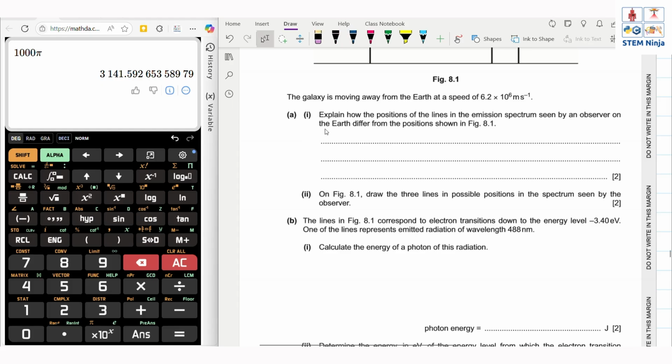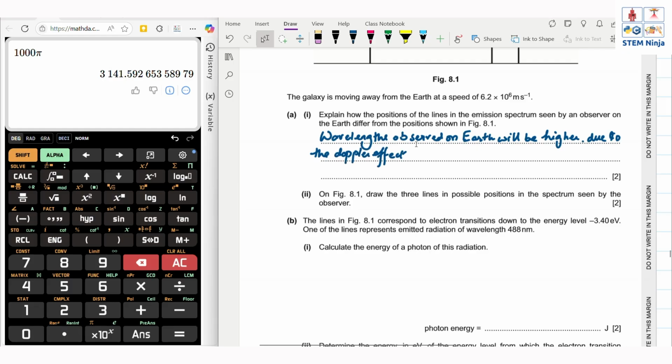So wavelengths observed on Earth will be higher due to the Doppler effect.